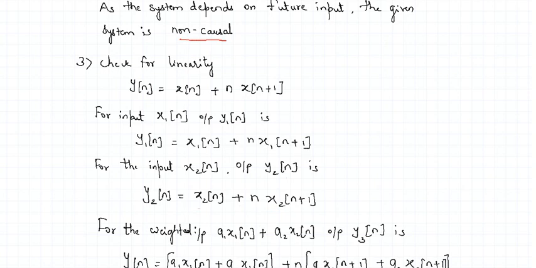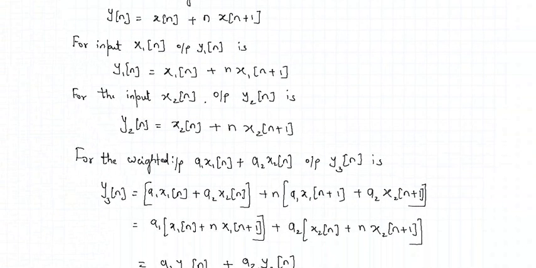So what would be the output y2[n]? y2[n] will be x2[n] plus n times x2[n+1]. In step number 3, we apply a weighted input to the system. We apply the weighted input a1 x1[n] plus a2 x2[n], and we call the output y3[n]. As y[n] is a function of x[n], we replace x[n] by the weighted input.